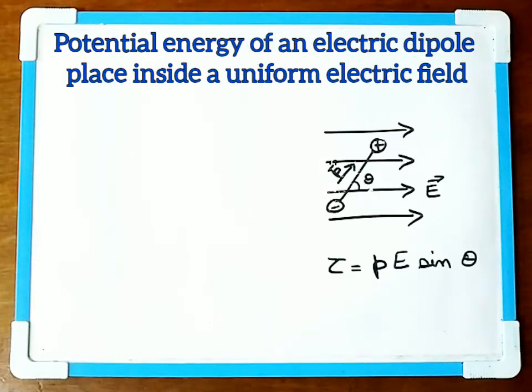So we'll derive the formula for the potential energy of the dipole placed inside an electric field.